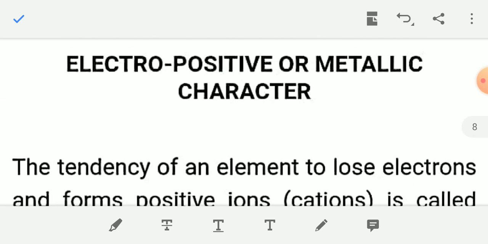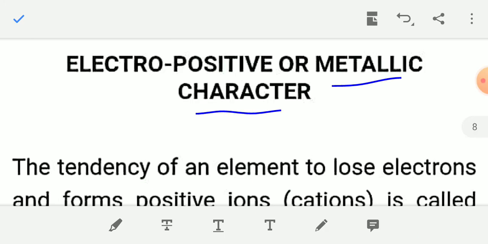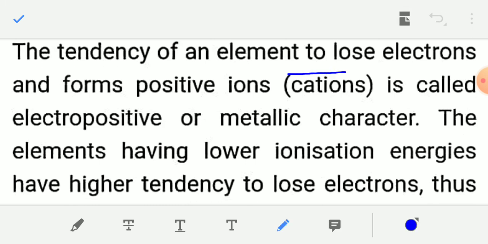Now, electropositive or metallic character. What is metallic character? The tendency of an element to lose electrons and form a positive ion, a cation, is called electropositive or metallic character.